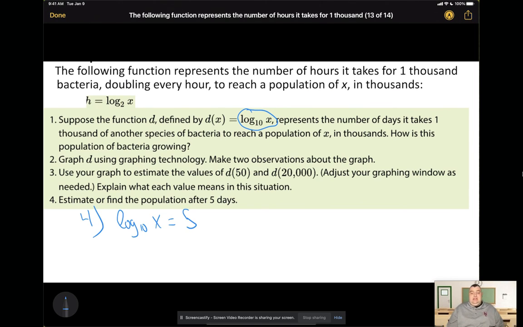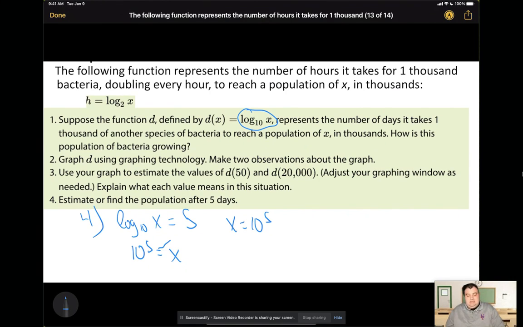When I'm solving an exponential equation, I have to convert it to log form. In this case, I'm solving a log equation, so I'm going to do the opposite and convert it to exponential form. My base is 10, my exponent is 5, and then x goes after the equal sign. So log base 10 of x equals 5 is really saying x equals 10 to the power of 5.